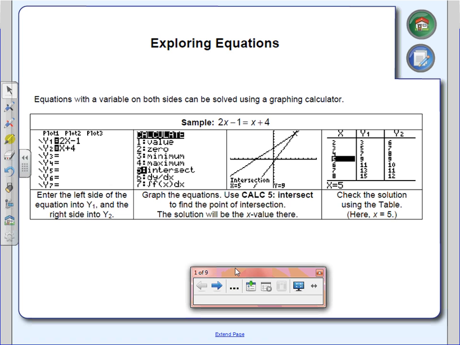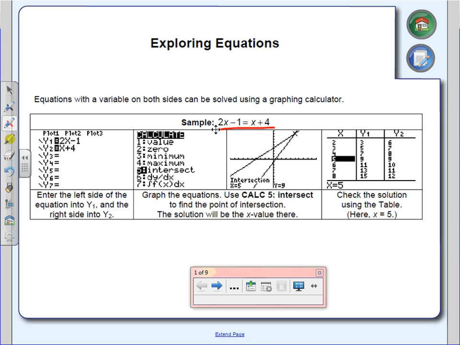So, up at the top, basically they give us a rundown of how this is going to work. They give you an example of an equation. Up here at the top, they give you a sample. It says 2x minus 1 is equal to x plus 4. Now, we could work that out algebraically, or if we're too lazy and we want to take shortcuts, we can also use the calculator.